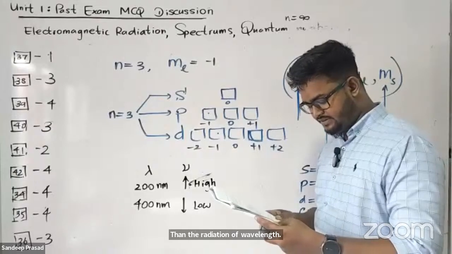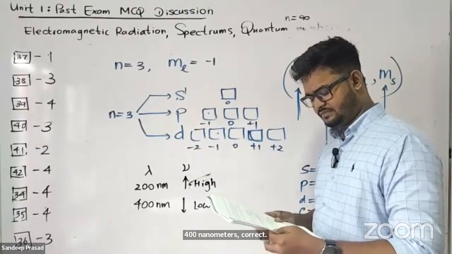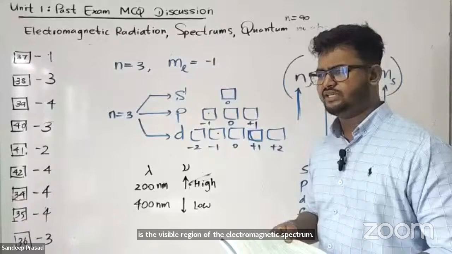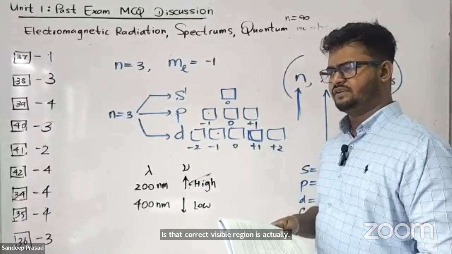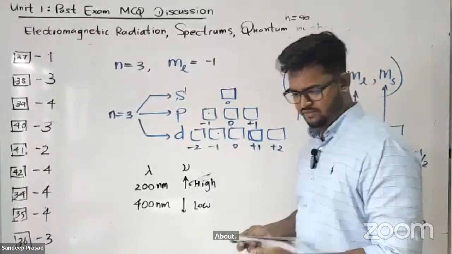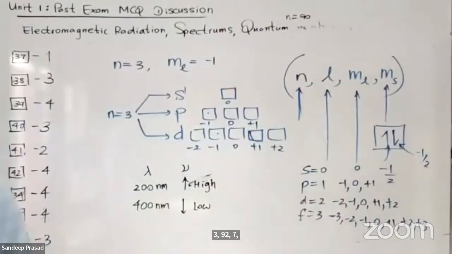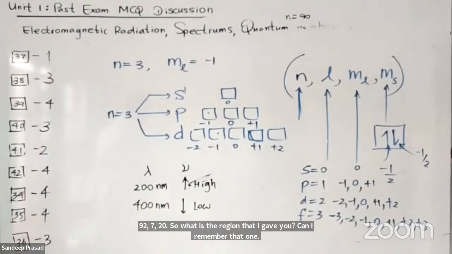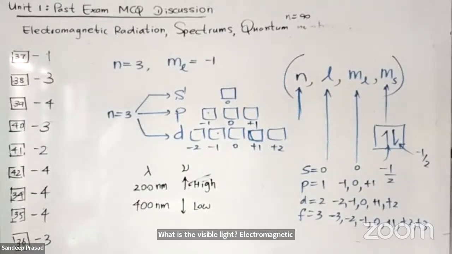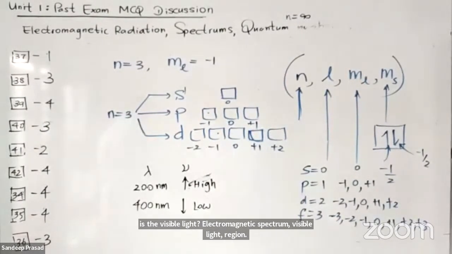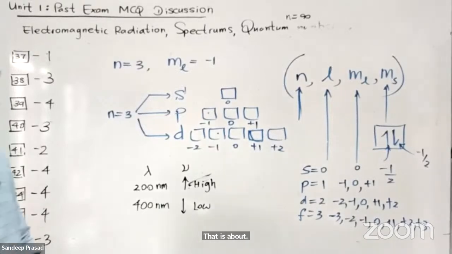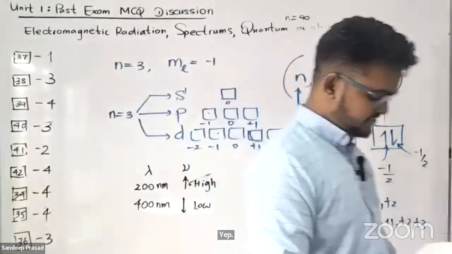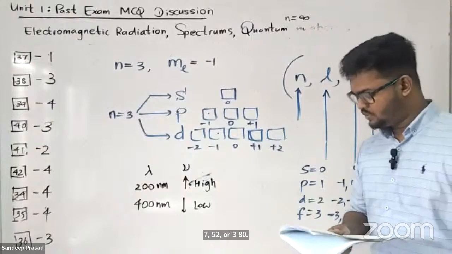It is in the visible region of the electromagnetic spectrum. Is that correct? What is the visible light region wavelength range that I gave you? Can you remember that? It is about 380 to 750 nanometers. So 200 nanometers does not belong to the visible light region.